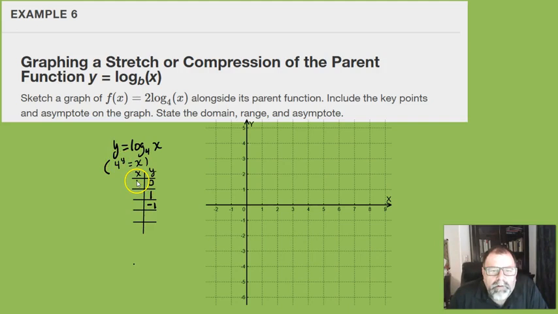So 4 to the 0 is 1. 4 to the first power is 4. And then 4 squared is 16. See, it's already off my chart here, off of my graph. 4 to negative 1 is 1/4. So that's what I was saying earlier. Just do 0, 1, and negative 1, unless it's 2 or 3, then I'll go ahead and do 2 and negative 2 on top of these 3. So this is the parent function, the base graph as I call it.